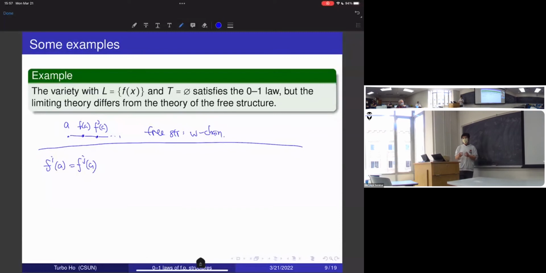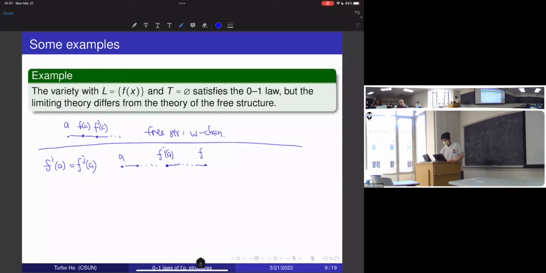Now, this is not bijective, so you cannot cancel out the i's and j's. So you really just end up getting, you have A, and then say i is less than j. So this is f to the i of A, and then you're going to go a few more steps.